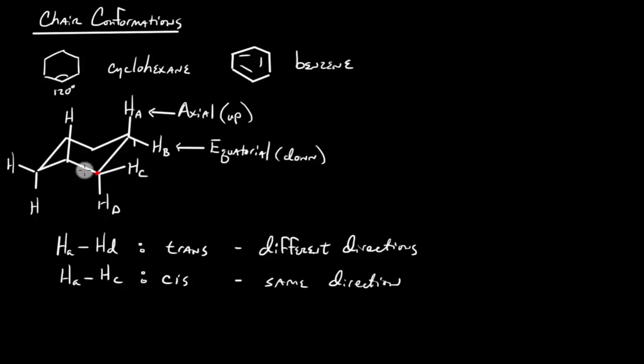That looks a little more like a tetrahedron, very close to that 109.5. So the overall impact of this puckering is that it allows the molecule to have an internal 109.5 degree optimal angle, very close to the sp3 hybridized angle that you really want.